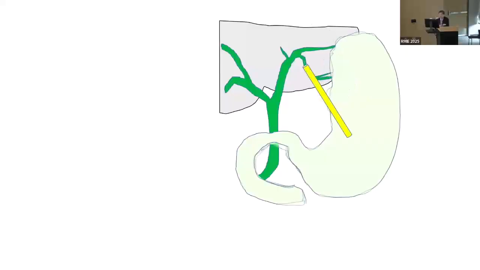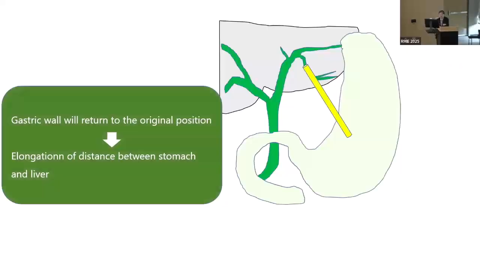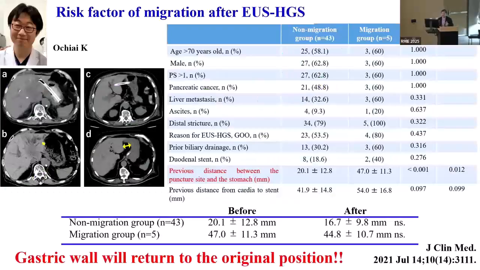But after that, the gastric wall returns to the original position. We checked this phenomenon by measuring the distance between stomach and liver before and after. After is relatively shorter, but not significant.